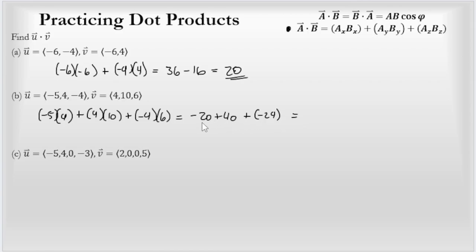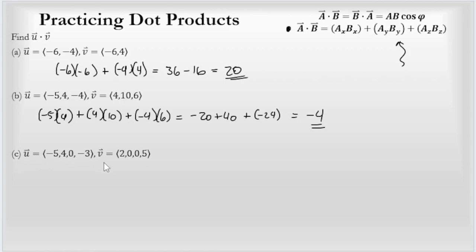And you will note that this is 20 minus 24. This turns into -4. And that's it. For as complicated as this formula can look, once you learn how to put the mechanics together, it should be pretty easy. You're multiplying and adding. You're not doing anything fancier other than that if you have the components.